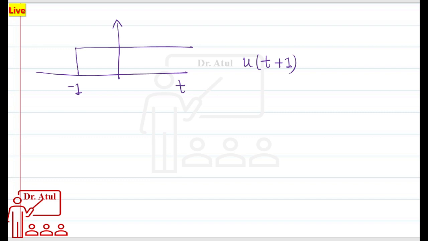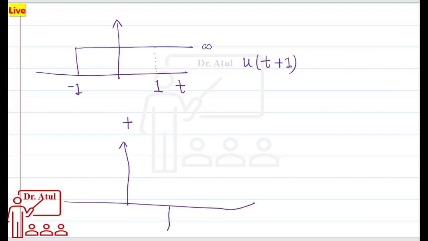Okay, so this will go till infinity, but we want to stop it at 1. So I have to add another signal to this signal which can make it 0 at 1.